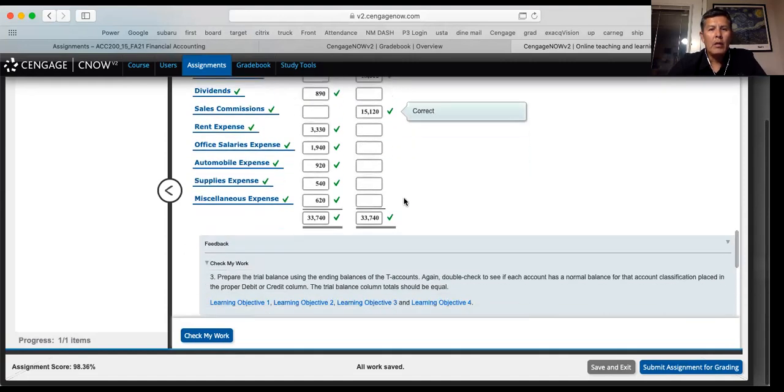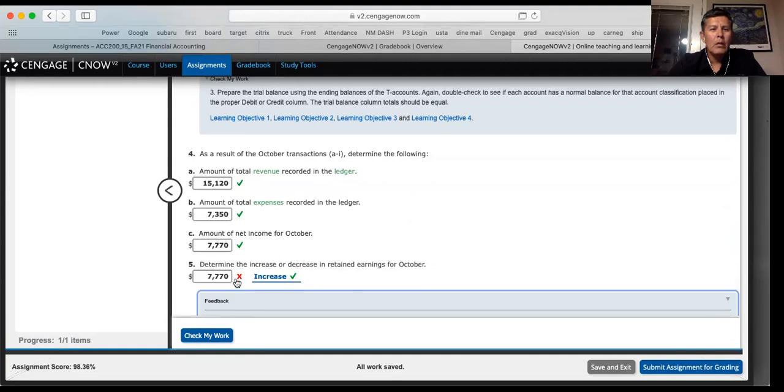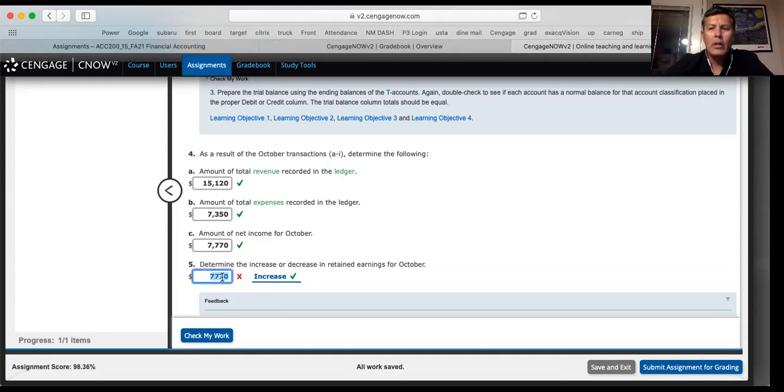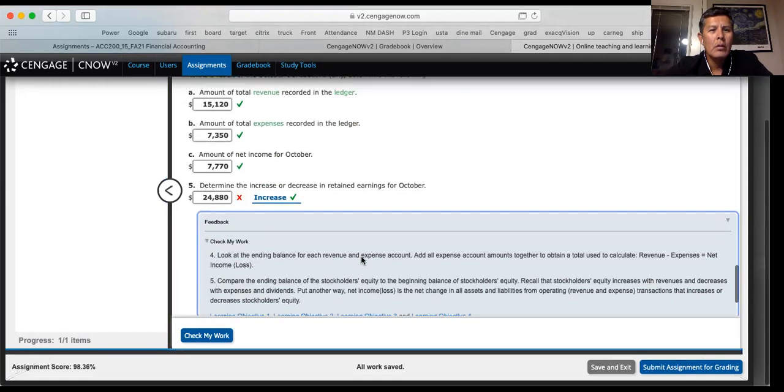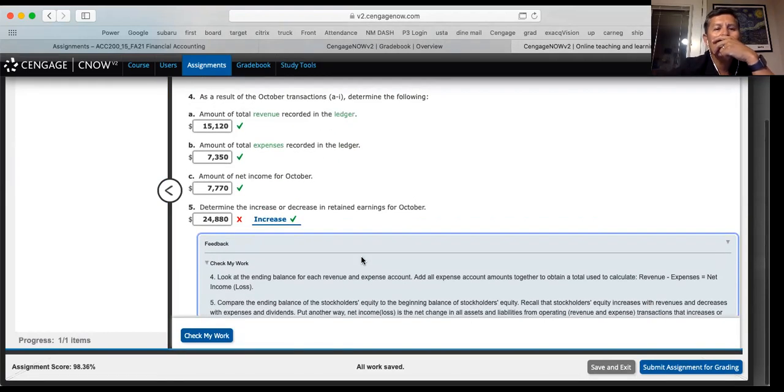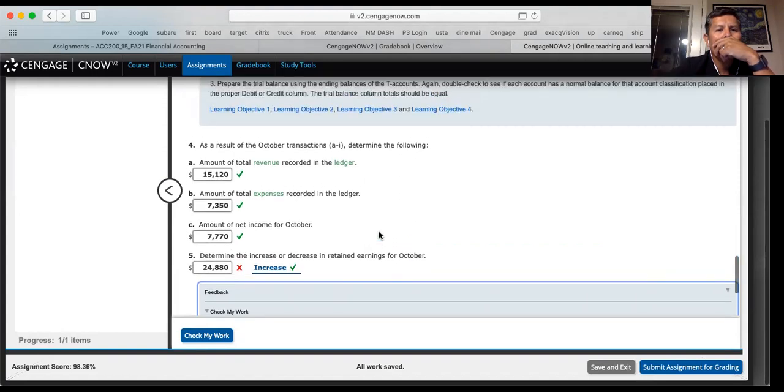Now let's add back our 770, which equals 24,880. Let me check that. Whoa, it's still the same. Hang on one second. So retained earnings did increase.